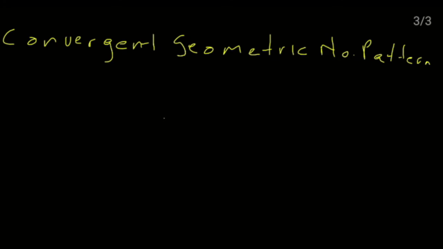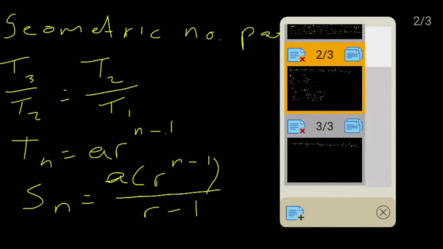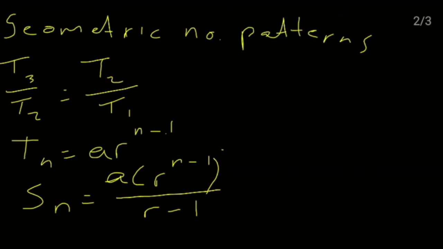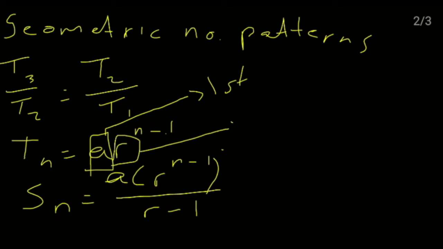Now before I do that, let me quickly write down or explain what each of the variables mean. You know your a is your first term, and then we call your r your constant ratio.